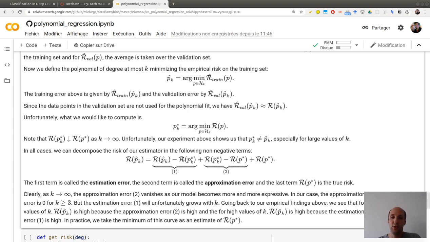So this is called the estimation error. Then you have another component, which is the difference in terms of risk between this approximation on the hypothesis space and the true minimum for the risk. So this is called the approximation error, and then this is the true minimum risk.